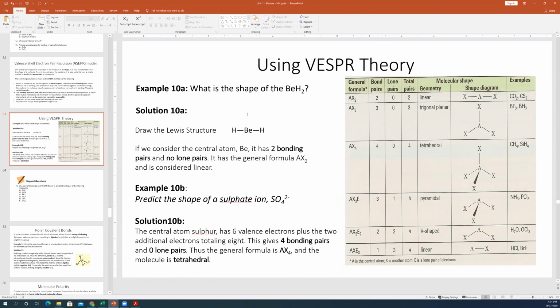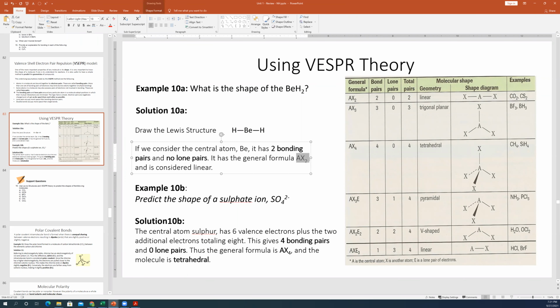If we consider beryllium to be the central atom, because it has two bonding pairs and doesn't have any lone pairs, it would have the general formula AX2. The beryllium would be the A, and the hydrogens would be the X.